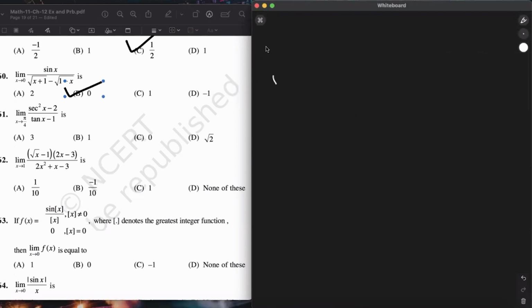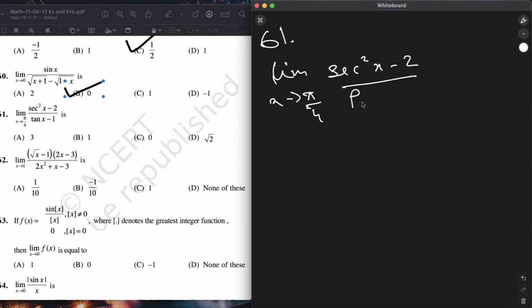Let's do question number 61. It has been given to me that limit for x tending to pi by 4 of sec square x minus 2 over tan x minus 1. Sec square can be written as 1 plus tan square x, minus 2.